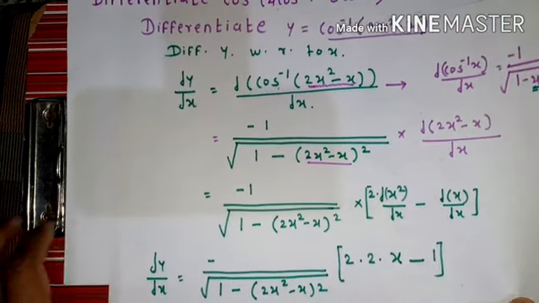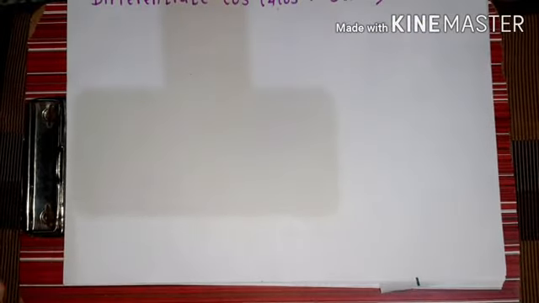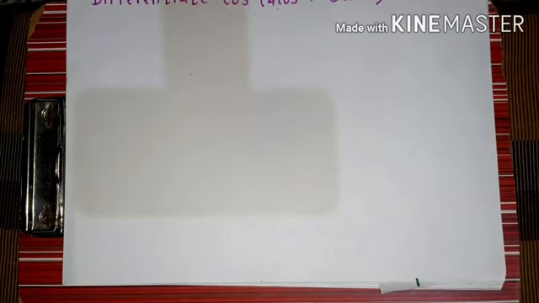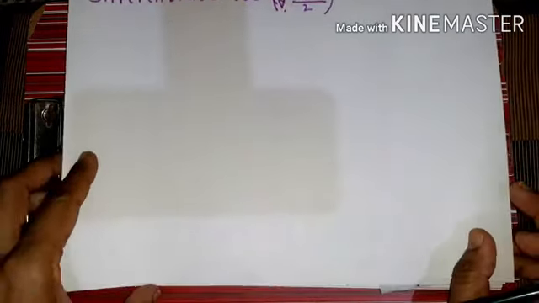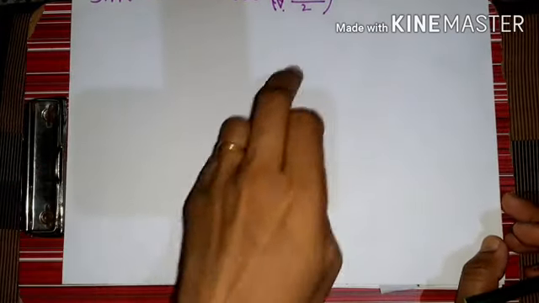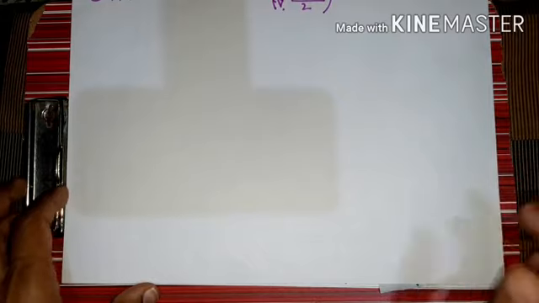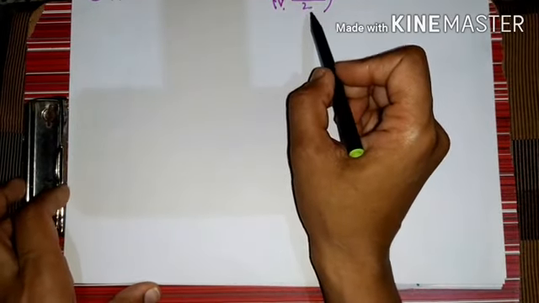Okay. In this way we have to differentiate. Now the next, that is differentiation of cos inverse of square root of 1 plus x upon 2.